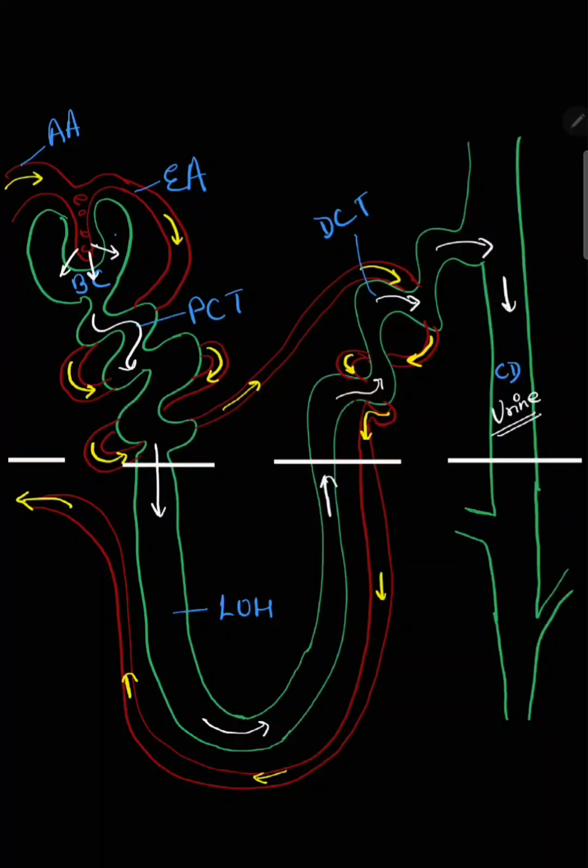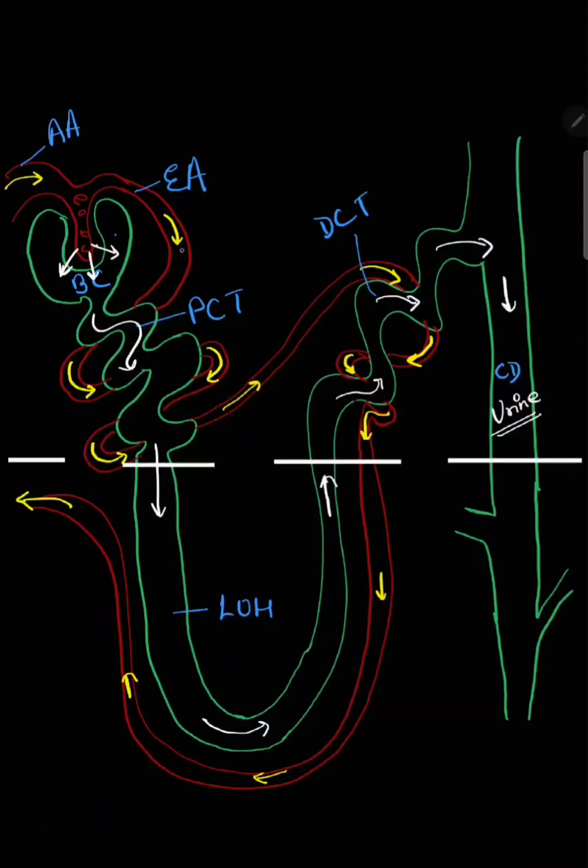So what happens in the PCT region, the DCT region and the loop of Henle is that firstly reabsorption will take place. Once the filtrate has come, some amount of it will be reabsorbed, because a blood capillary is surrounding the entire renal tubule and nephron.